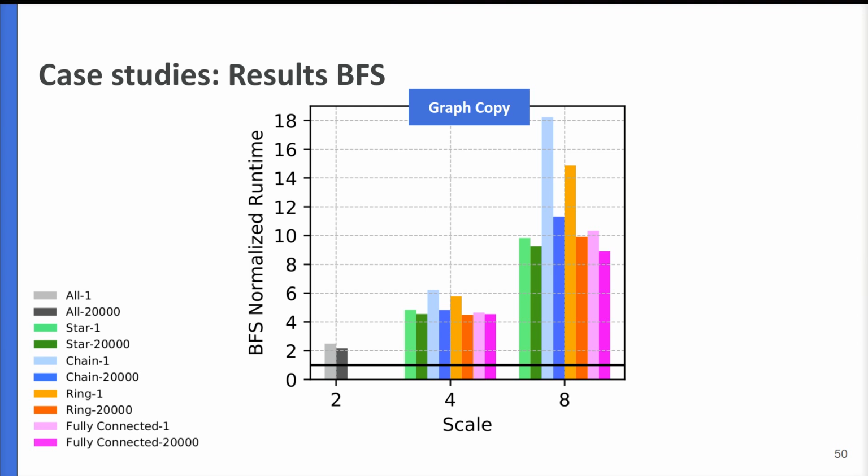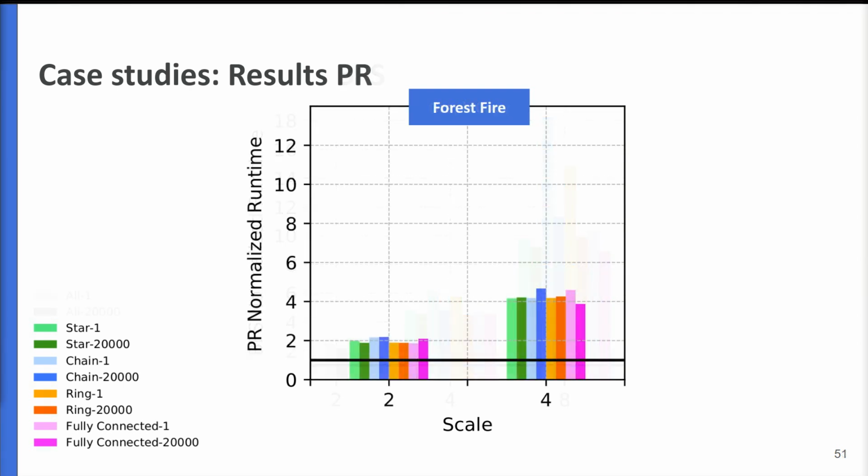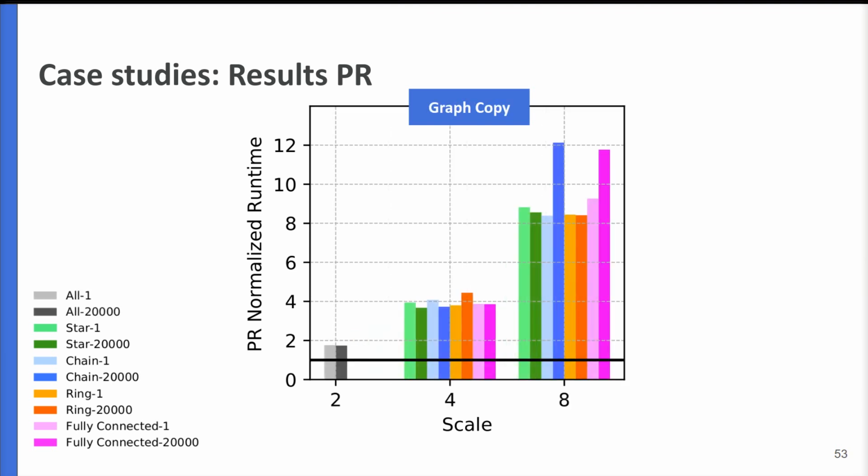Notice the variety in the runtime between each scale that can be produced by these different graph families. And to quickly go through PageRank, in contrast to BFS, adding more interconnections does not necessarily reduce the processing time. Lastly, note here that when using graph copies, the chain topology and fully connected topology have a much higher runtime.